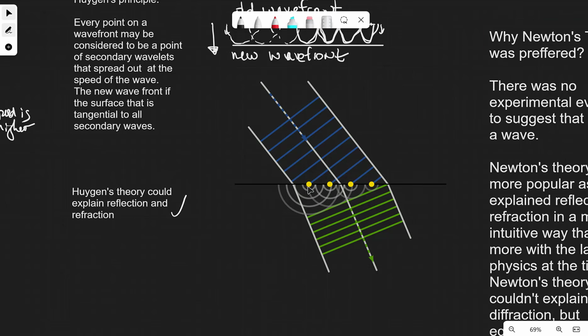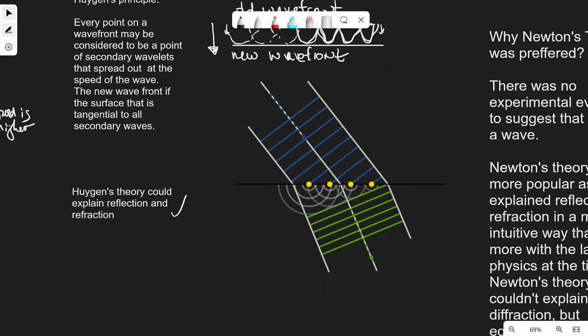At the boundary, when it meets the boundary, each individual point on that wavefront acts like a point source, and you can see that we have a line that is tangential to all of those circles that spread out, creating this new wavefront. Notice another key difference. In Huygens' theory, the light is traveling faster in the substance with less optical density.